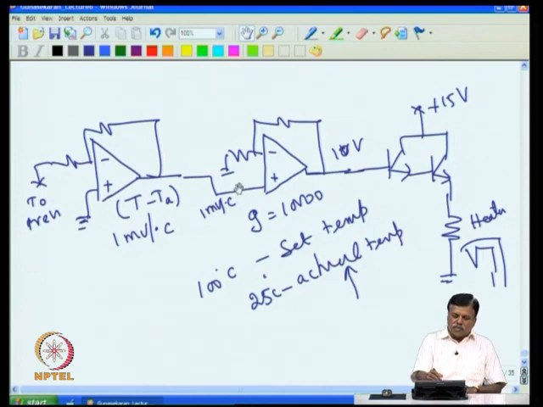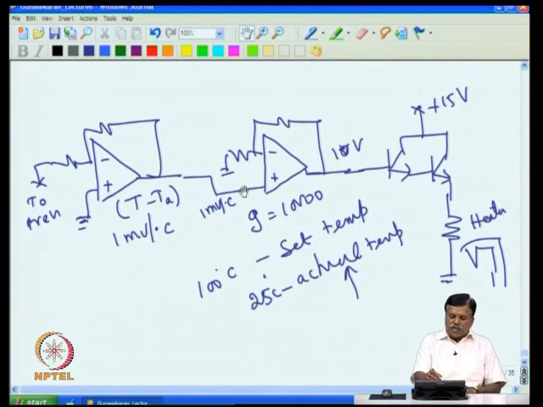After the heater is on for some time, the temperature of the oven goes up, and the difference between the set temperature and actual temperature comes down. If this difference is only 10 degree, then this becomes 10 millivolt. Then 10 millivolt corresponds to 100 volt here. But when the difference comes to 1 degree, then it comes to 10 volt.